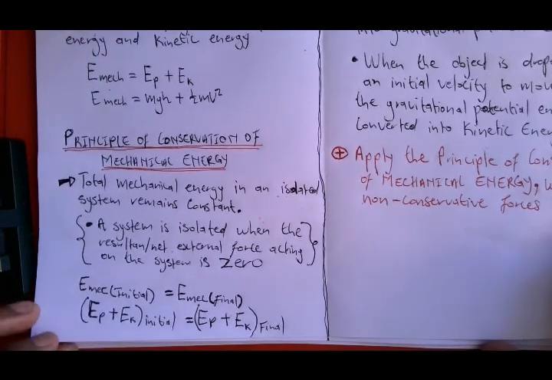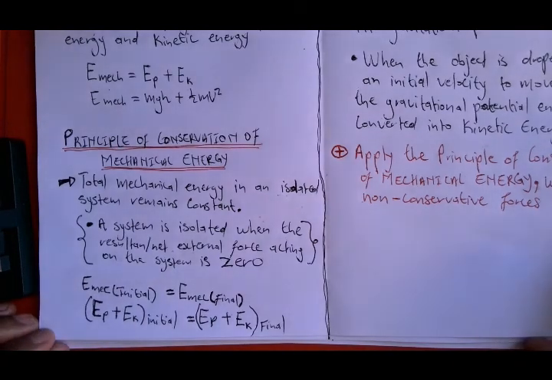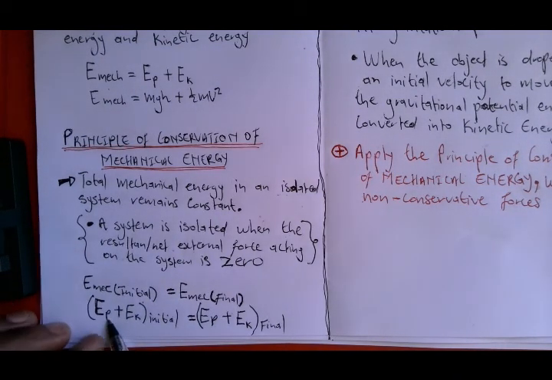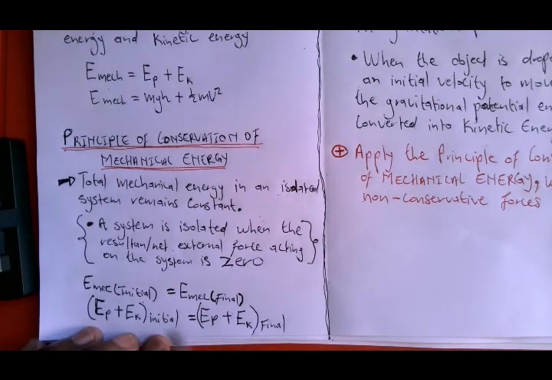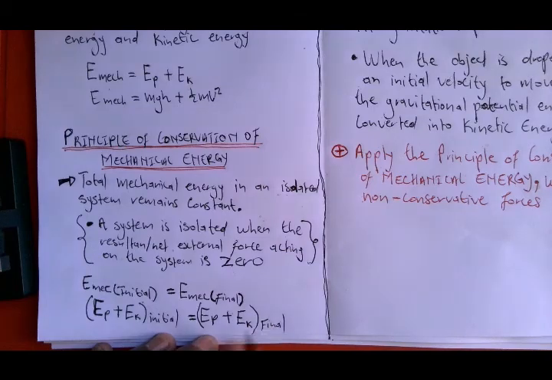So this simply means, we can just say, in the absence of non-conservative forces. We can write the principle of conservation of mechanical energy as follows: Emec initial equals Emec final, where Emec initial is EP plus EK initial, which equals EP plus EK final.